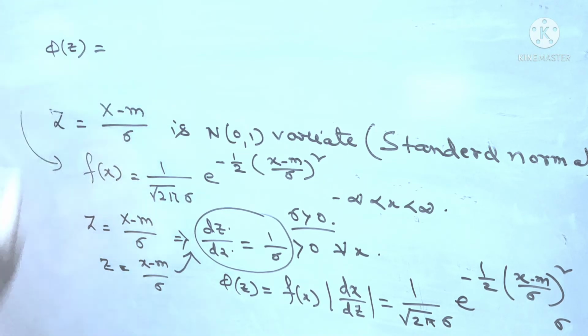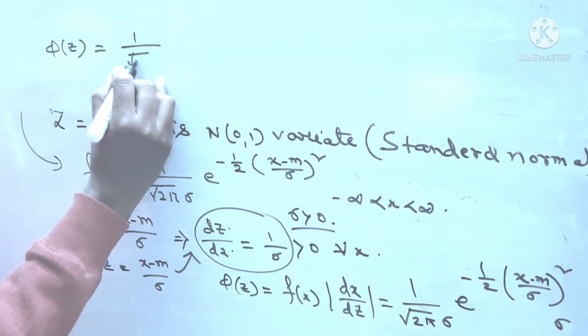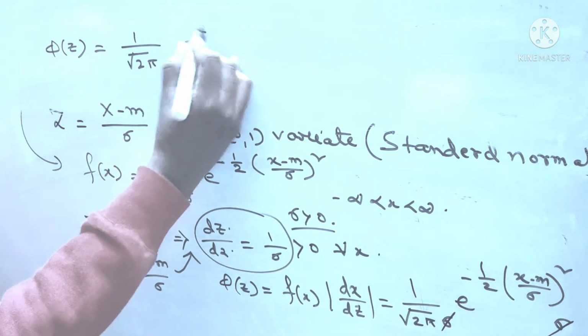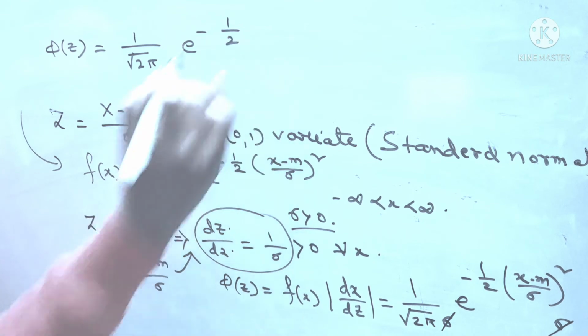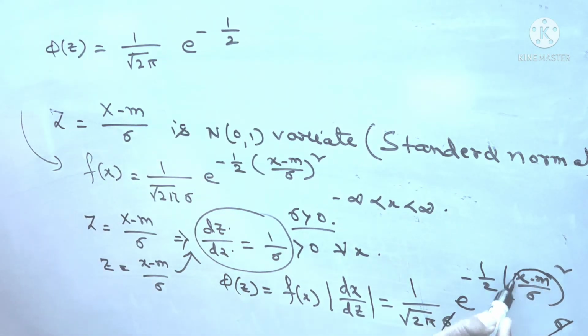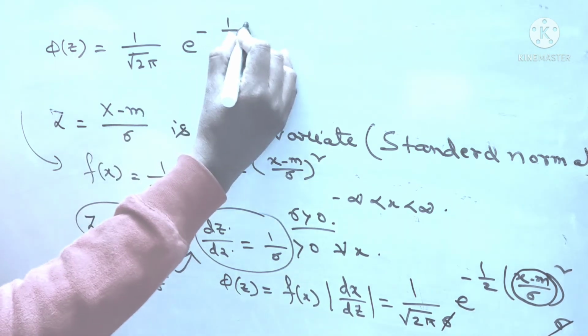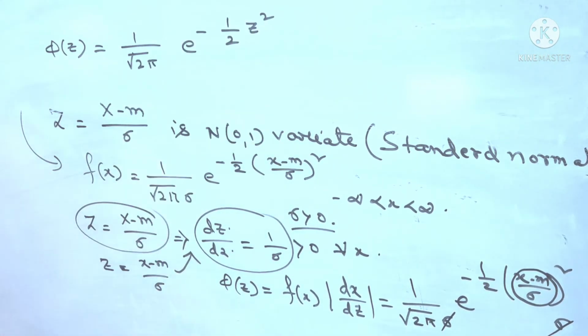So phi of z is equal to 1 by root 2 pi, because sigma and sigma cancel, and e to the power minus half into (x minus m) by sigma, which is equal to z, that is z square.